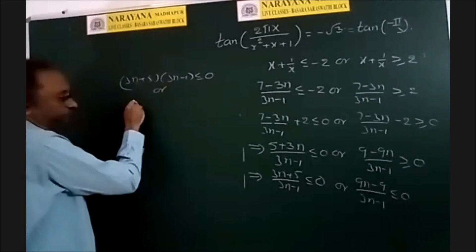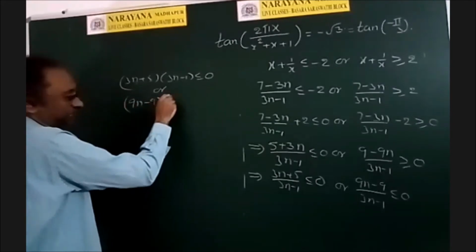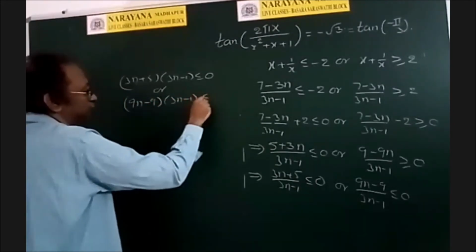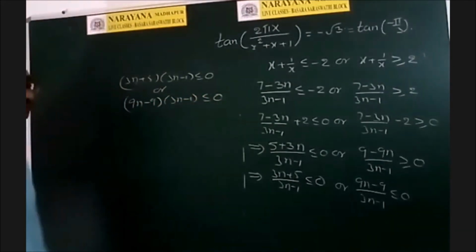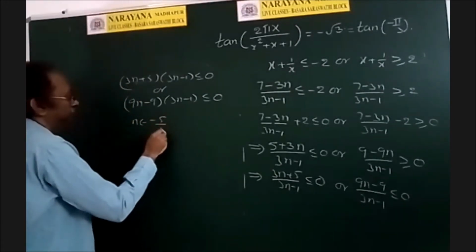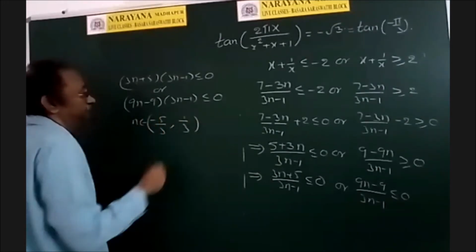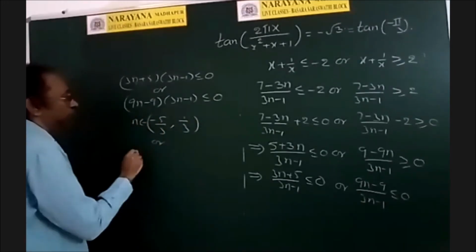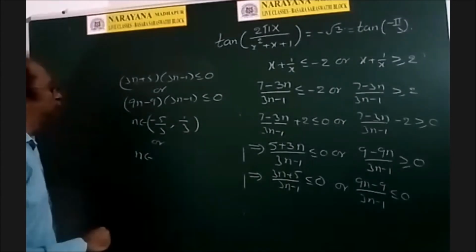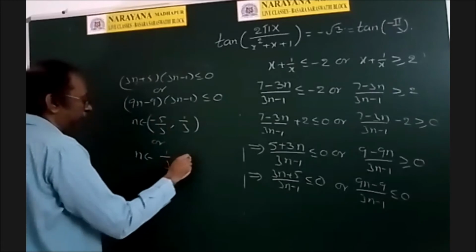Or (9n minus 9) into (3n minus 1) less than or equal to 0. Therefore, n should lie in between minus 5 by 3 and 1 by 3, or n belongs to 1 by 3 to 1.